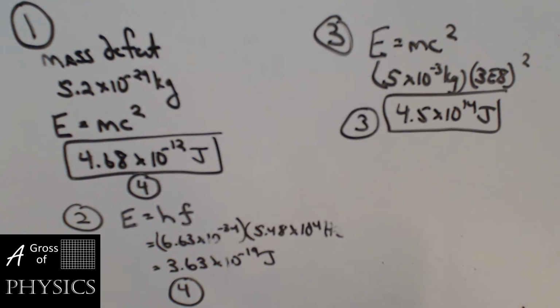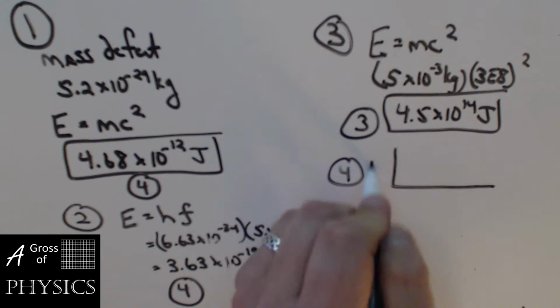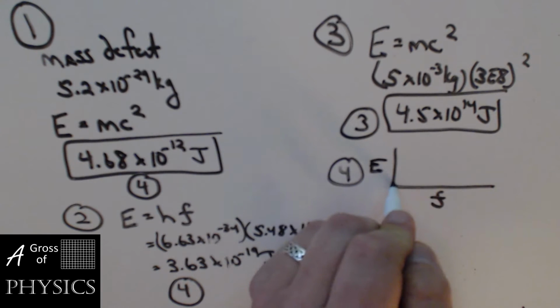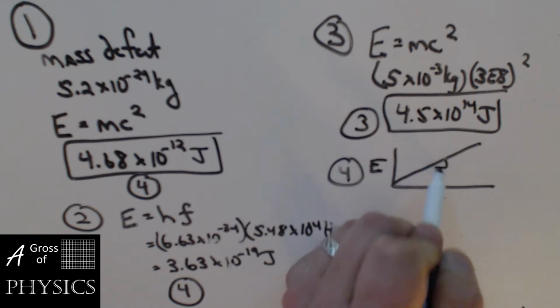All right, on to 4. We have a data table, and we have energy of different photons. And then we have the graph, which shows E versus f, and it looks like that. Now, the energy and frequency are related with E equals hf.